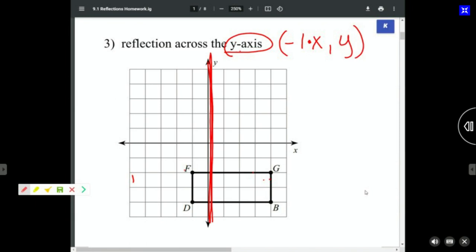So G is 4, -2. So what should G prime be? -4, -2. Yes.